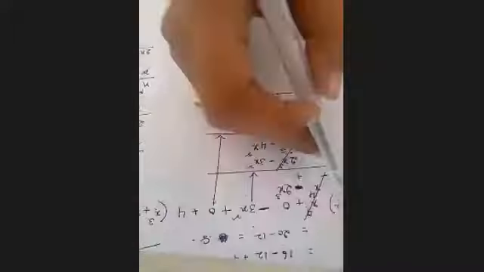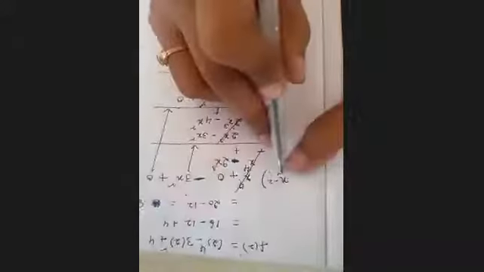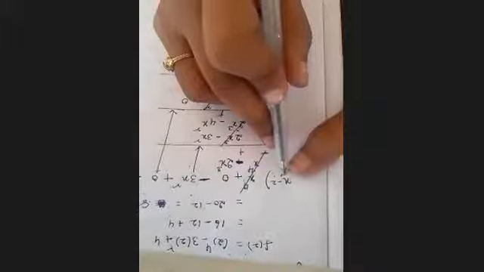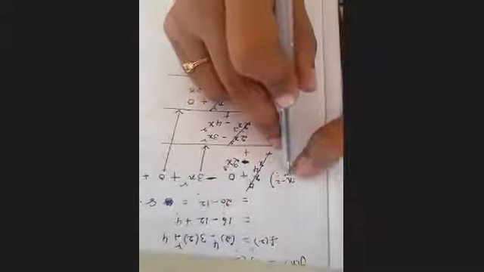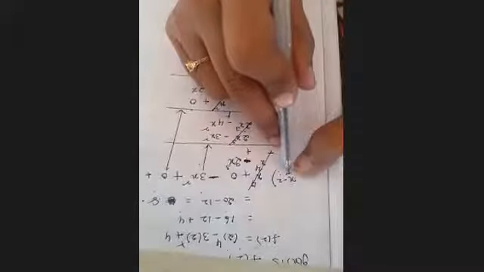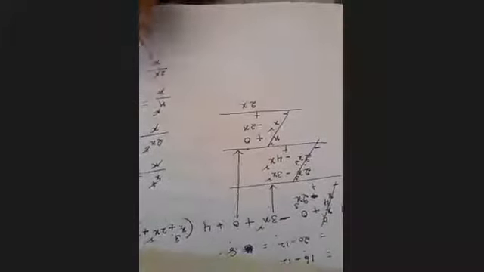Again this 2x we have to divide with x. Why I am taking x: in the divisor we have the x term only. So it is a linear polynomial. For a linear polynomial we take only the variable. The variable here is x, so x with x I am dividing. X will get cancelled. So what will come? Plus 2 will come.